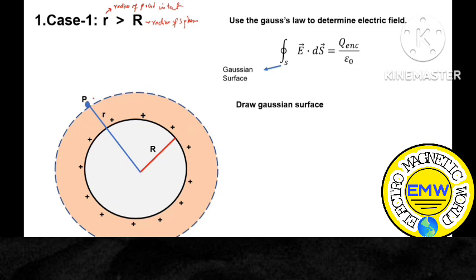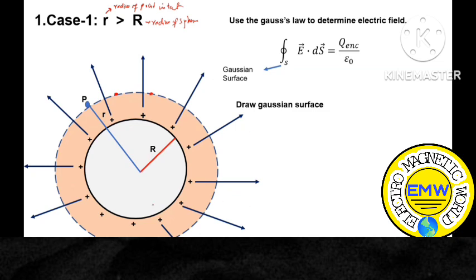So our first step is to take a differential surface over this shaded area. If I take a differential surface like this, this one is ds, the differential surface vector, and this one is the electrical field vector.